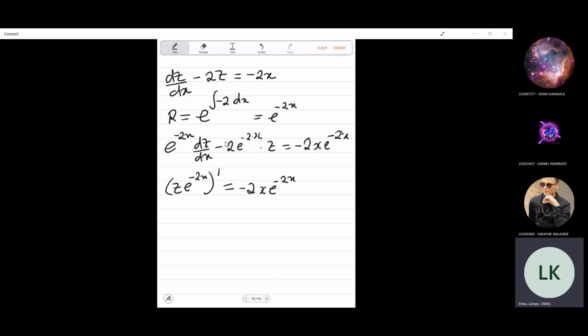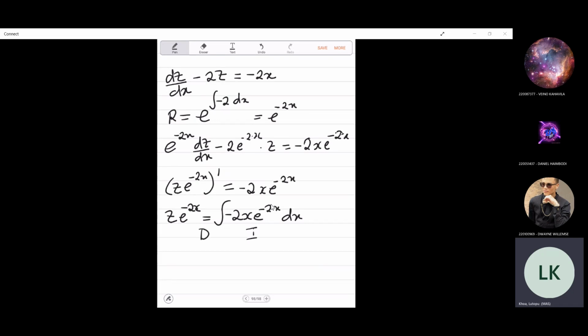Then to get rid of the prime here, we integrate on both sides. So we can say that z e^(-2x) is equal to the integral of -2x e^(-2x) dx. Okay, to integrate this, we need to use by parts.